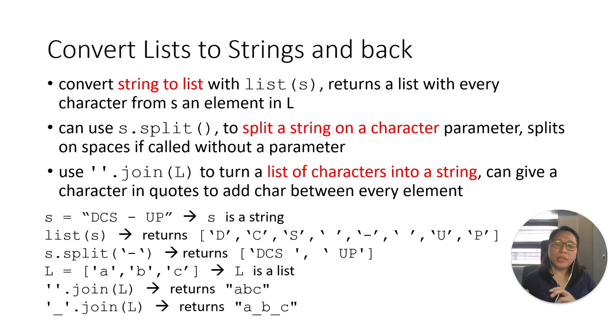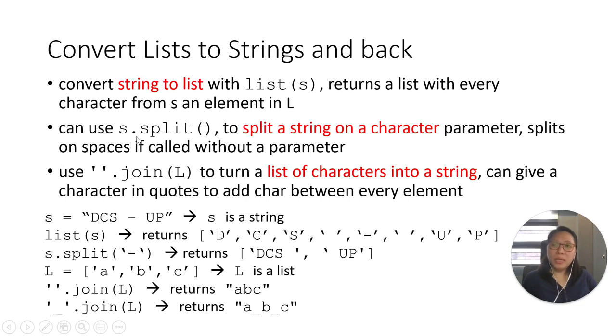Because if we convert a string to a list, the elements or characters stored in the list may be changed by using a simple assignment operation. To convert a string to a list, we can use list(S), and this returns a list with every character from S as an element in the list L.